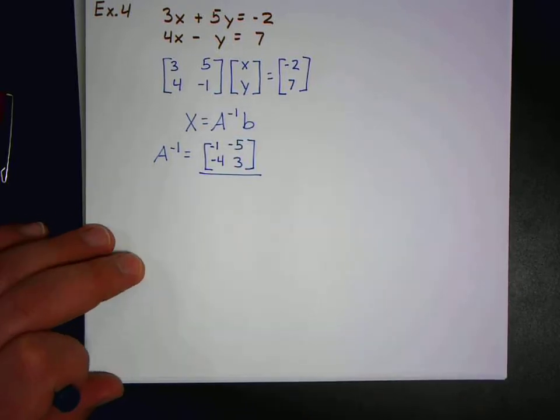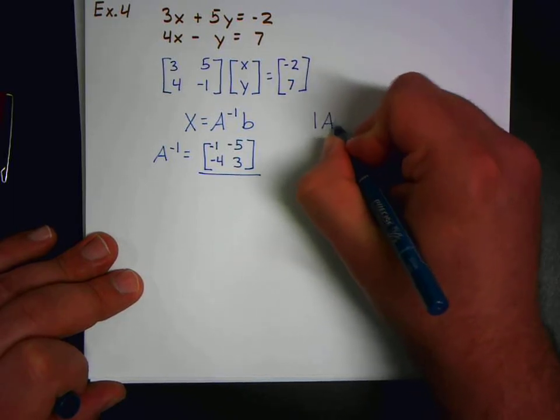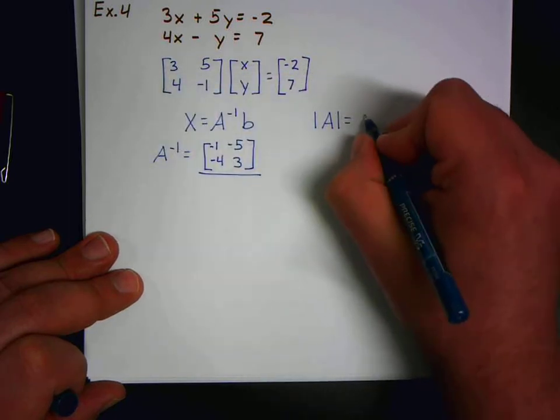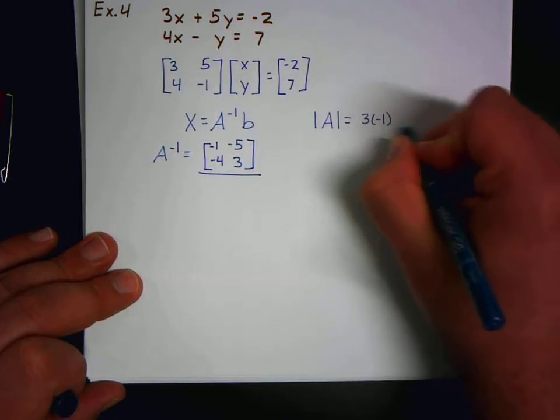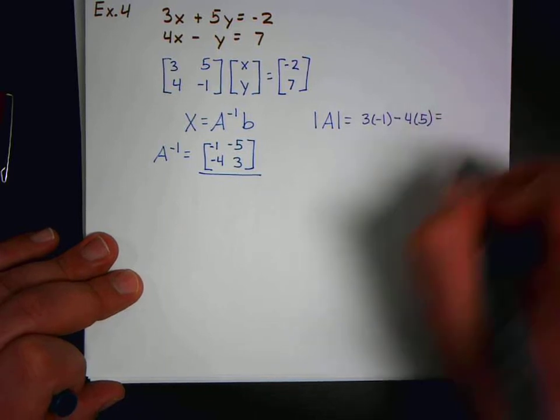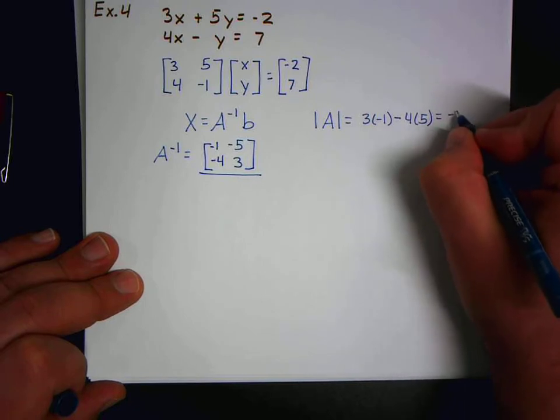And we divide by the determinant. So over here, let me find the determinant of A. So determinant of A is 3 times -1 minus 4 times 5. So that's -3 minus 20, so that's -23.